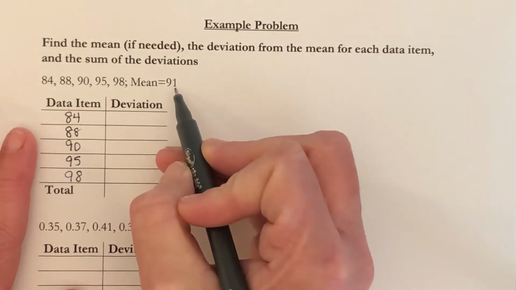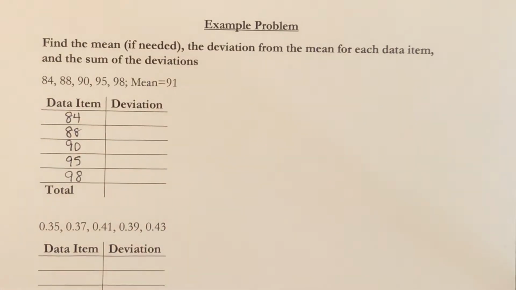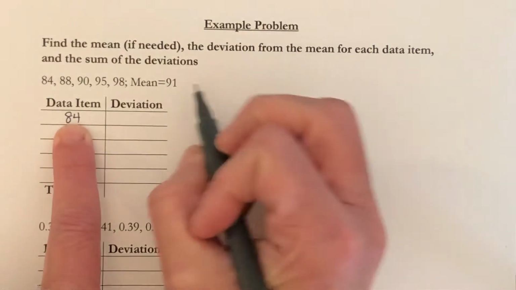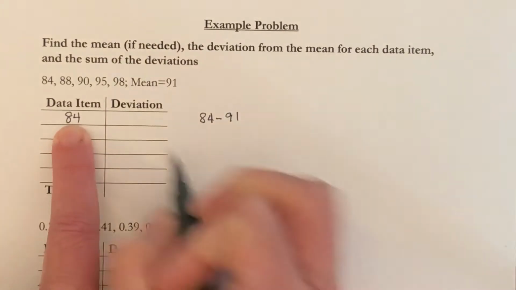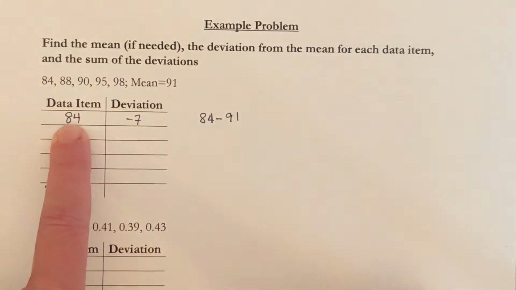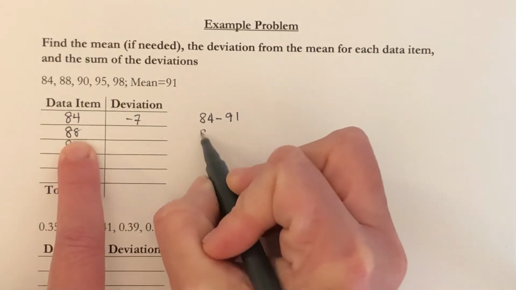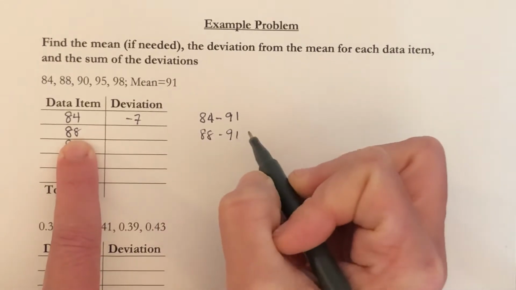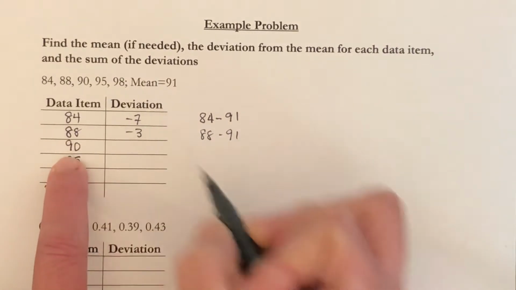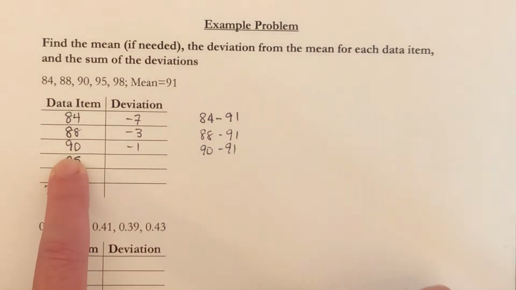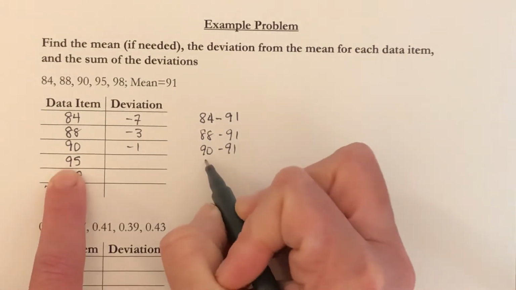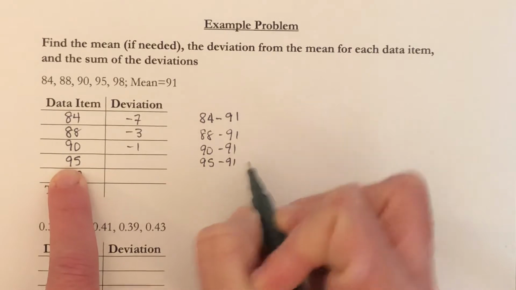We are told that our mean is 91. You want to make sure that you are subtracting in the correct order. You should be getting negatives on some of these. It's always the data item minus the mean. So I do 84 minus 91, and I get negative 7. 88 minus 91, and you get negative 3. 90 minus 91 is negative 1. 95 minus 91, that's 4.